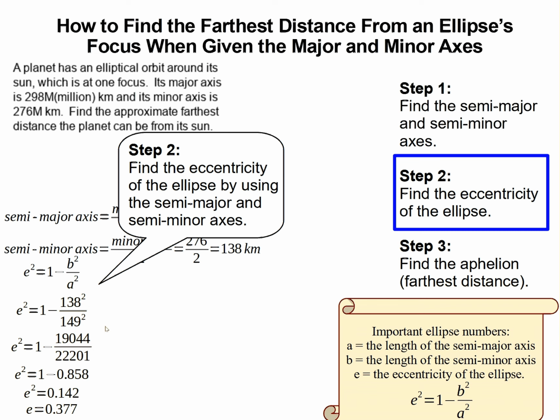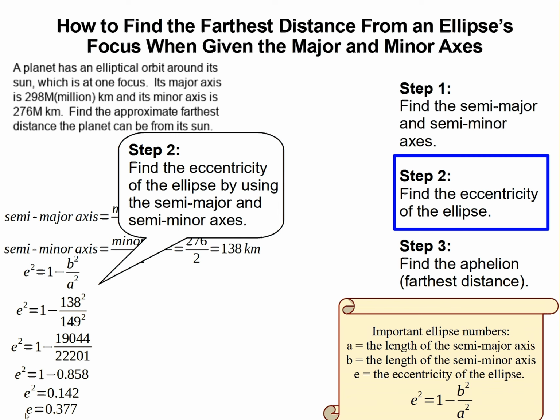Then I square both, divide, and round to 3 decimal places. That's why we got approximate here. Then we subtract and take the square root of both sides, round it, and get about this value here. You might get slightly different answers depending upon what place values you round to, so just keep that in mind.